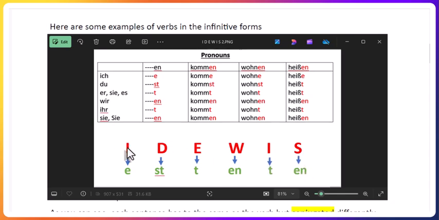Just worry about 1, 2, 3, and 4. Then you leave these two, because they don't change. These plurals don't change. Alright.